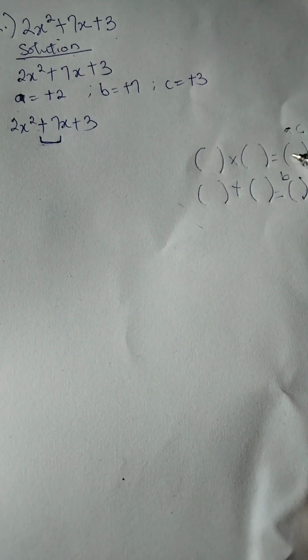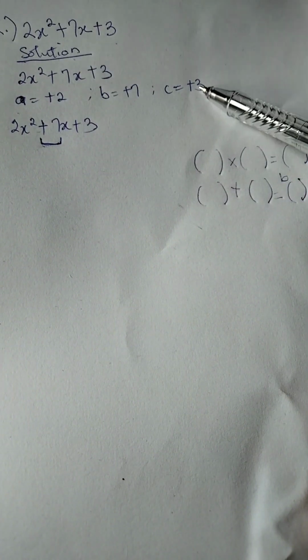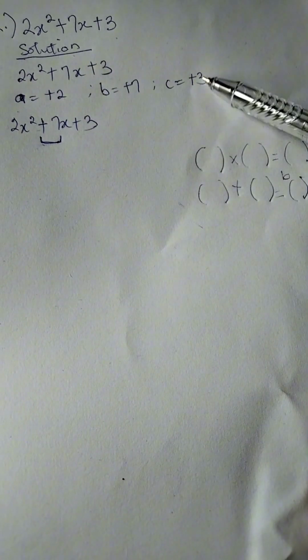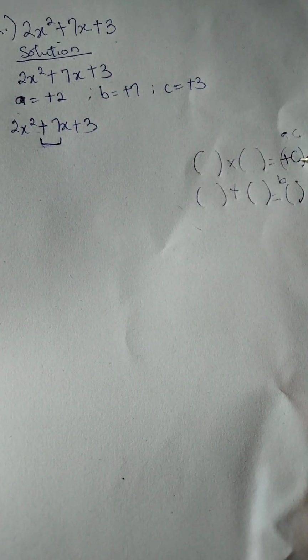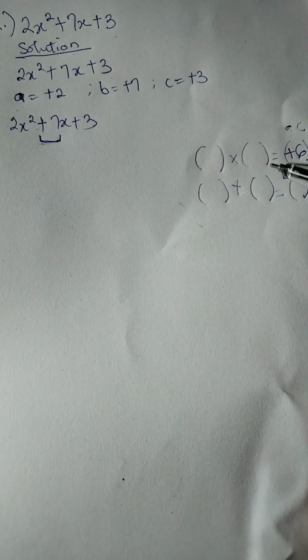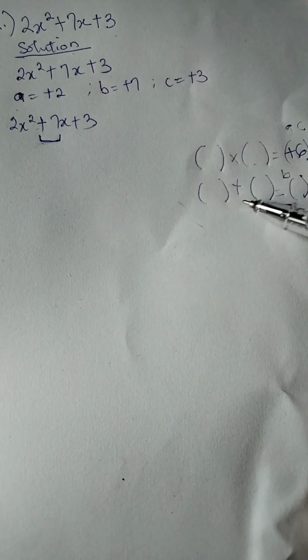What number are we looking for here? A is plus 2, C is plus 3, so plus 2 times plus 3 will give us plus 6. So we're looking for two numbers that we can multiply to give plus 6, and that we can also add to give B, which is plus 7.